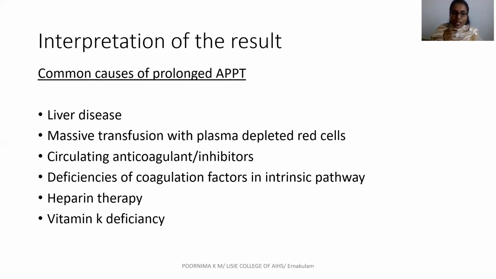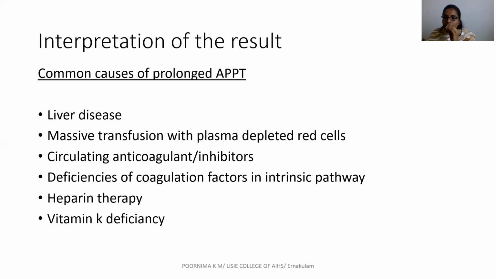So next one is deficiencies of coagulation factors in the intrinsic pathway. We already know that if there is any deficiency of coagulation factors in the intrinsic pathway, it can cause prolongation of activated partial thromboplastin time. So next is heparin therapy.